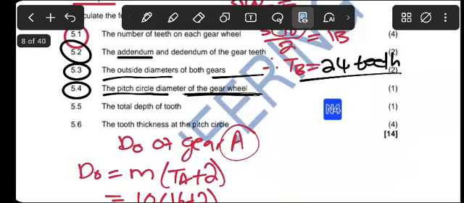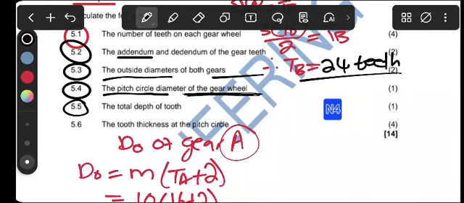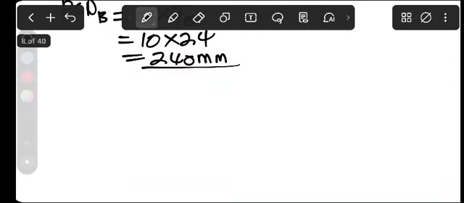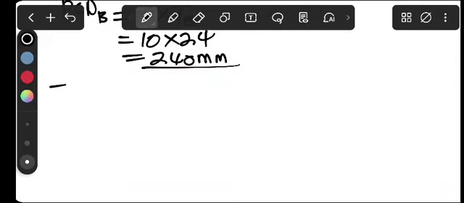All right, so 5.5, the total depth of the teeth. When you're talking about the depth, guys, we know the total depth, we've discussed this.